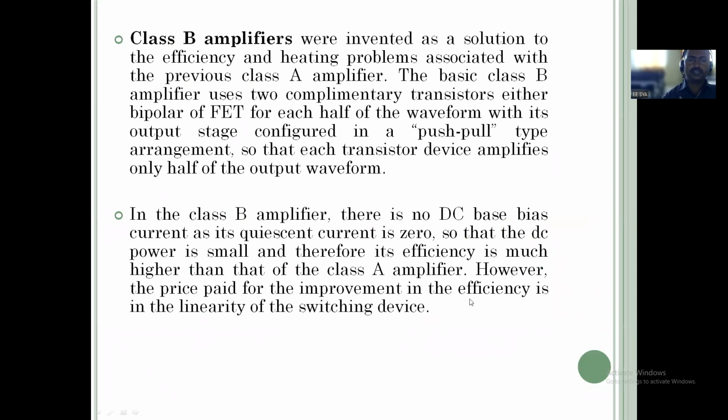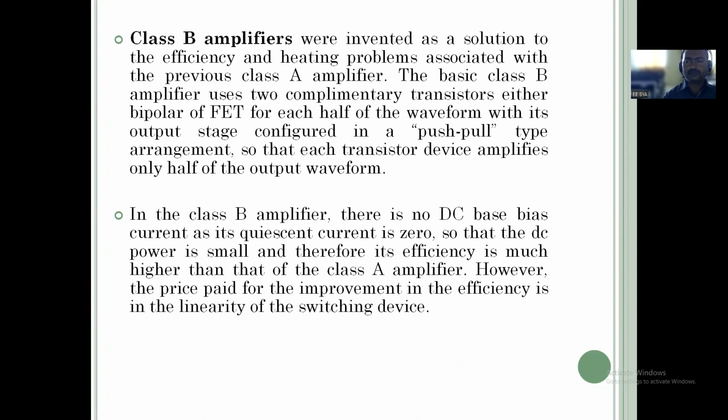We are discussing the class B amplifier, right? This is the amplifier used as the solution for the problem coming with the class A amplifier. We know that a class A amplifier works for the full 360 degrees, so due to the overburden on that amplifier, to remove that burden we design the class B amplifier. A class B amplifier works only within a 180-degree half cycle.